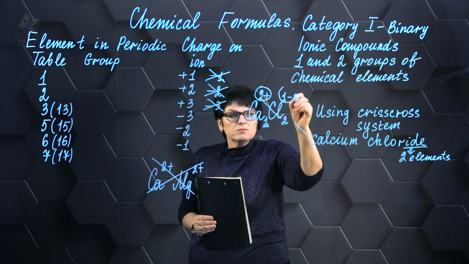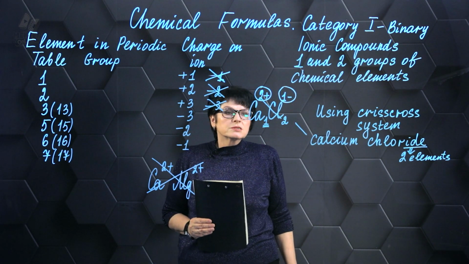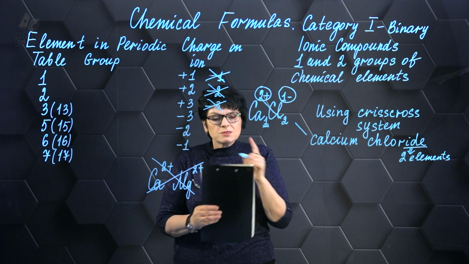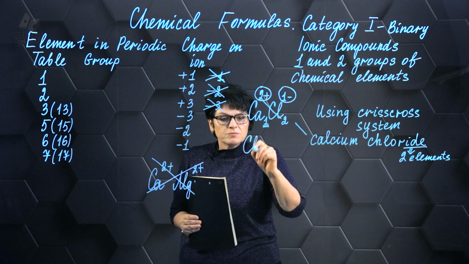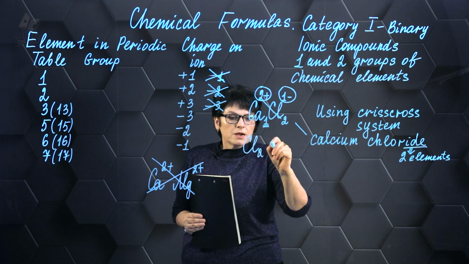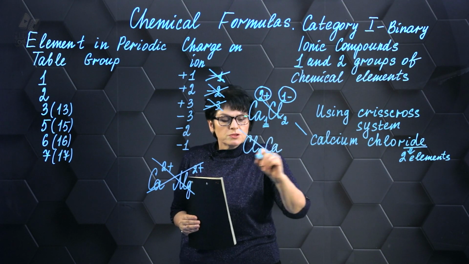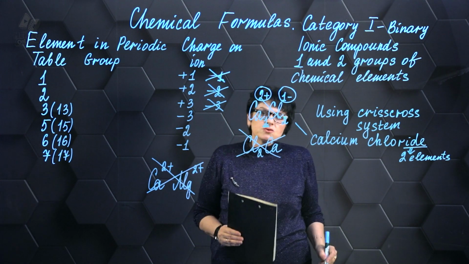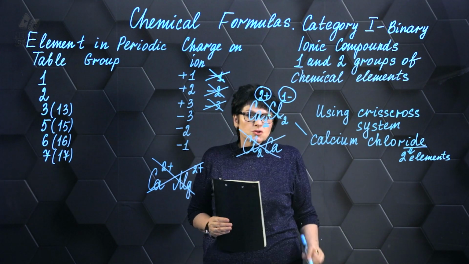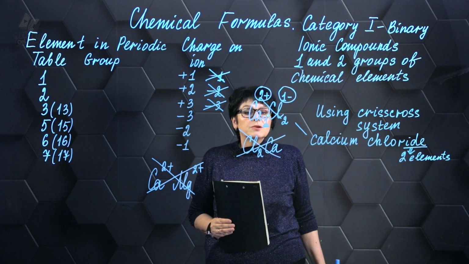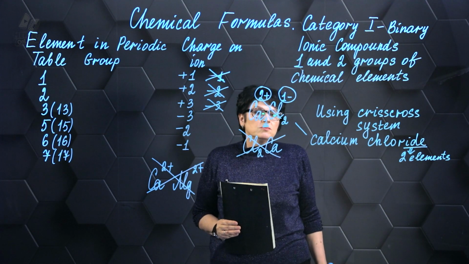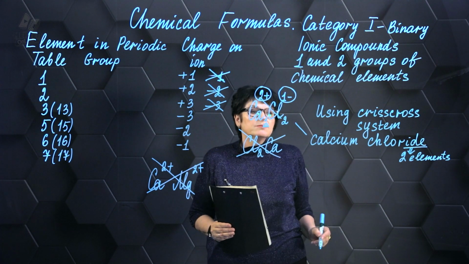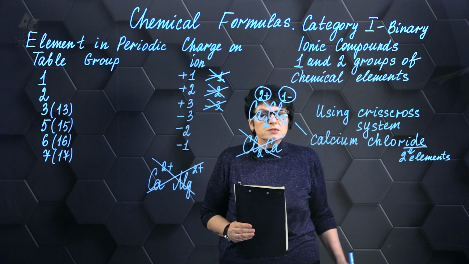And here in second place will always be the negatively charged particle. Moving it is equally impossible. Therefore, it is incorrect to write chlorine 2 calcium in this context. This will also be incorrect because we agreed on the rules that we will strictly use plus, or cations, at first and strictly minus in the second position. So hopefully it's clear how we built this formula.